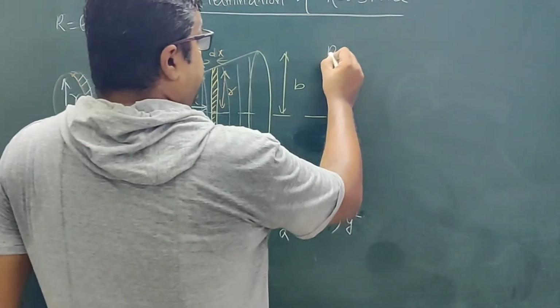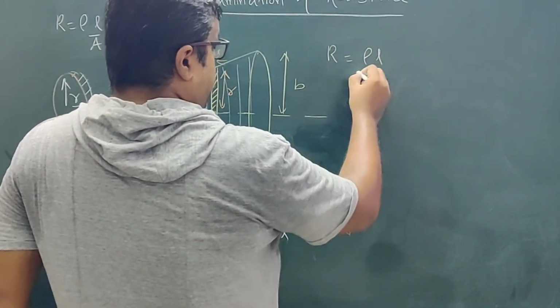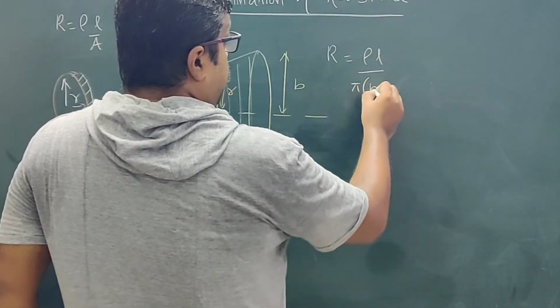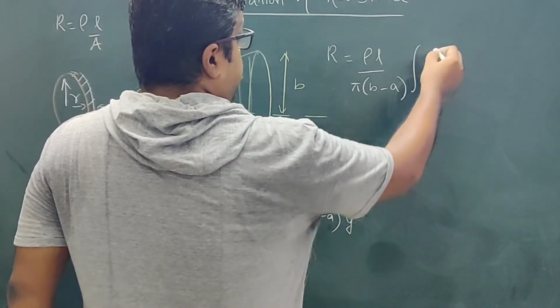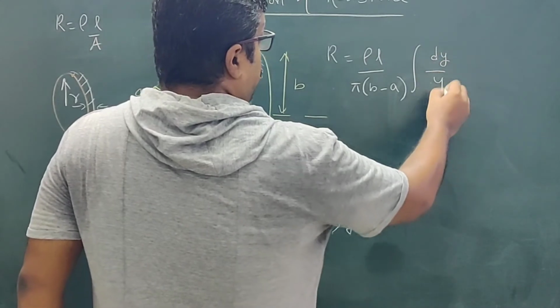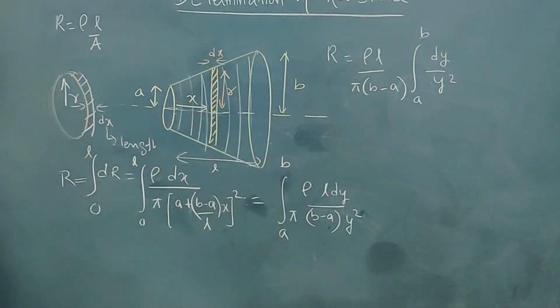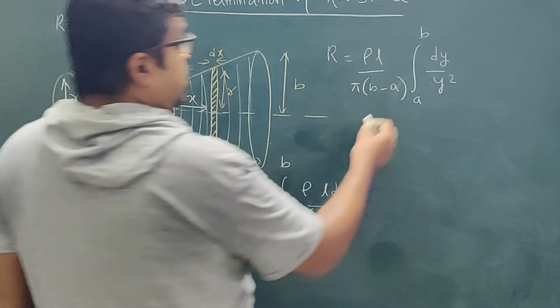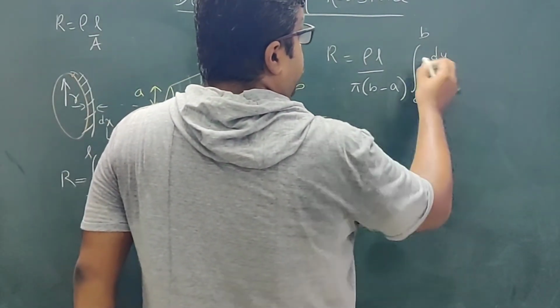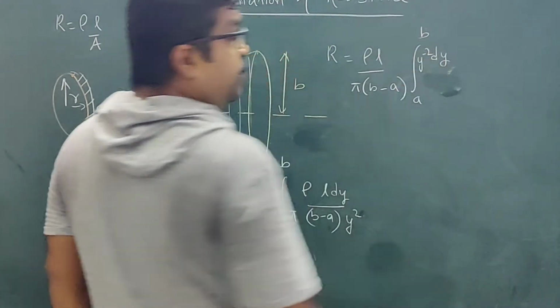So now R is equal to rho L by pi (B minus A) times the integration of dy by y square from A to B. This y square can be taken up as y power minus 2.